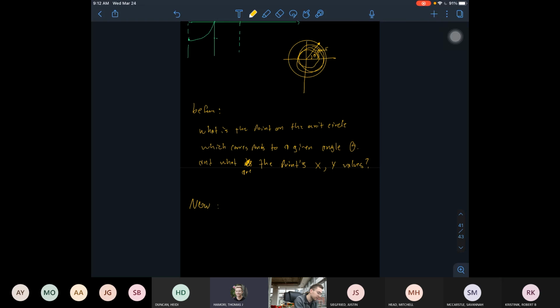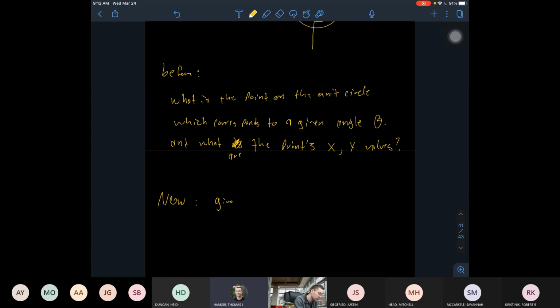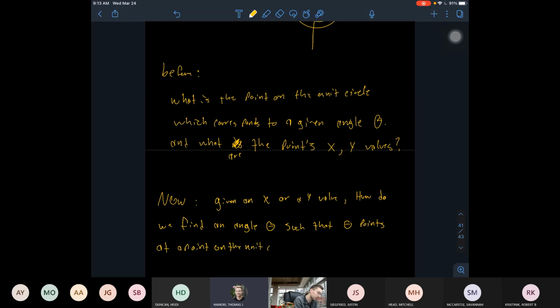Now we're going to ask the following. Given an x or a y value, how do we find an angle theta such that theta points at a point on the unit circle with x value x or y value y?